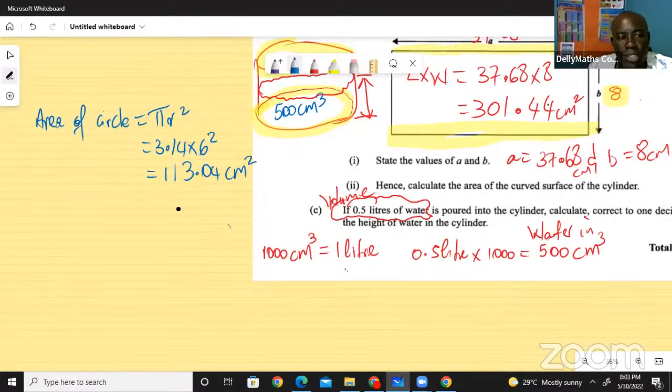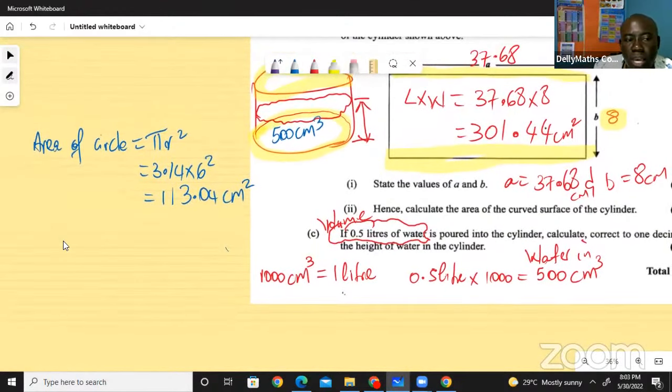So what I'm suggesting to you is that all of the water in this container here is 500 cm cube. But remember, the water has to actually fill out the bottom first. Imagine it with the water in the container.